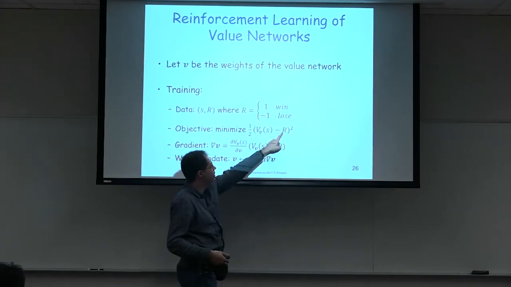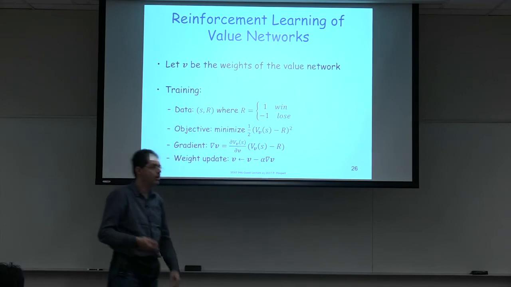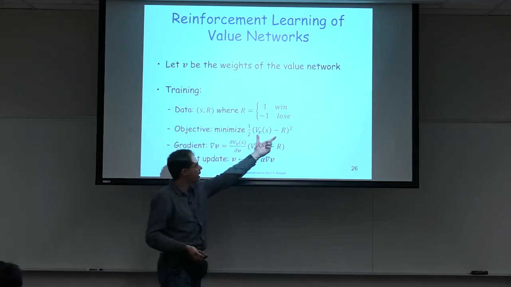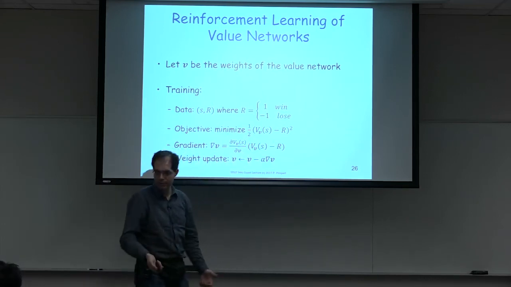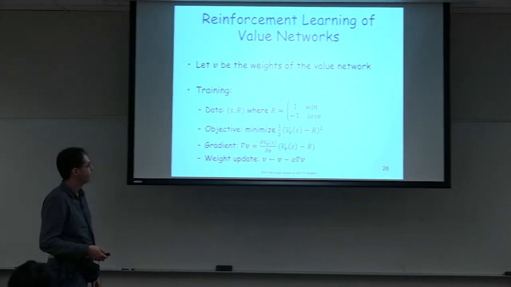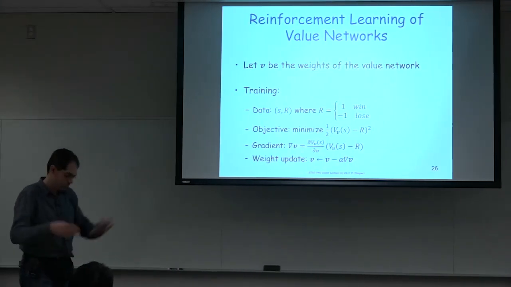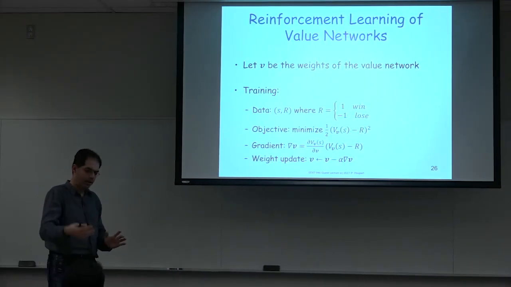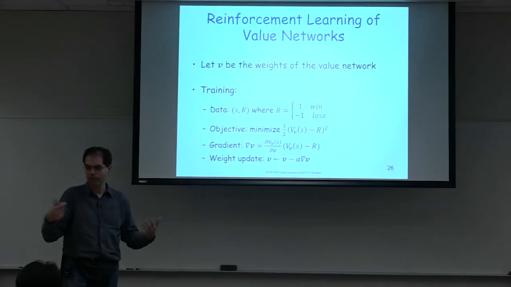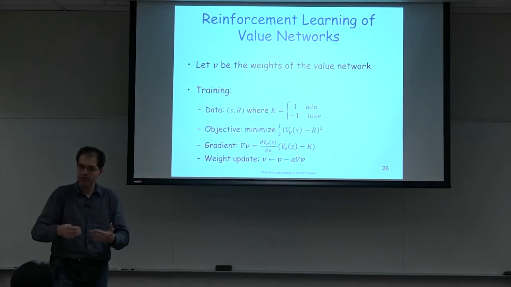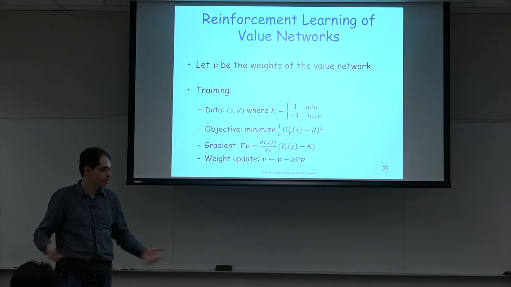If it loses, this is going to be -1, and then it simply tries to minimize the Euclidean distance between those two. So again, this is just applying deep neural networks where you train to minimize Euclidean distance in this case.